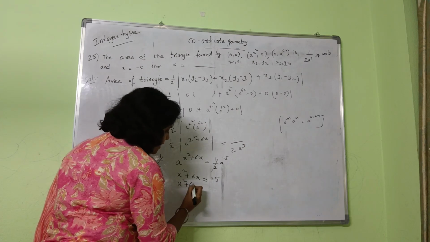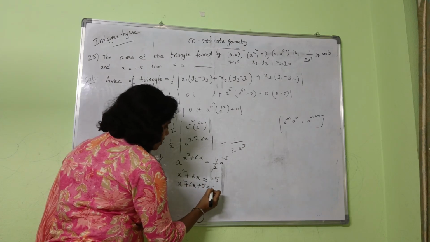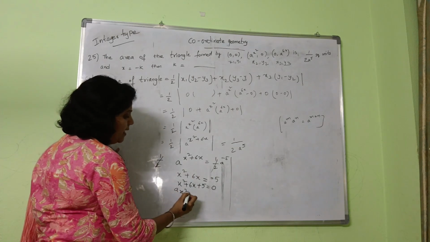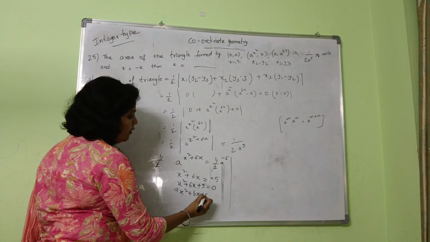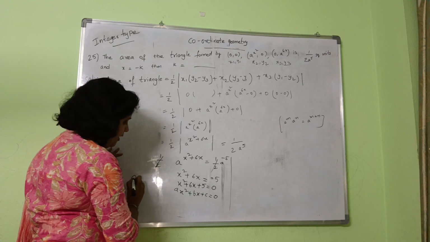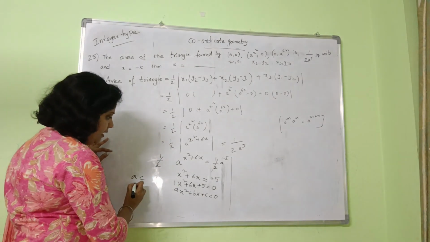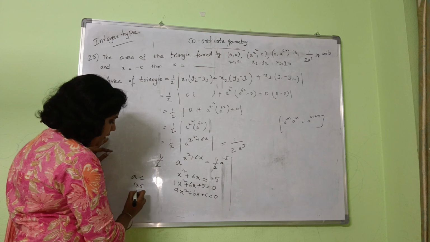Minus 5 when it comes to this side will become plus 5 is equal to 0. This is in the form of ax^2 + bx + c = 0. Okay. So what is the a value and c value? If nothing is there, let us assume it as 1. What is the c value? 5. So 1 into 5, the answer is 5.